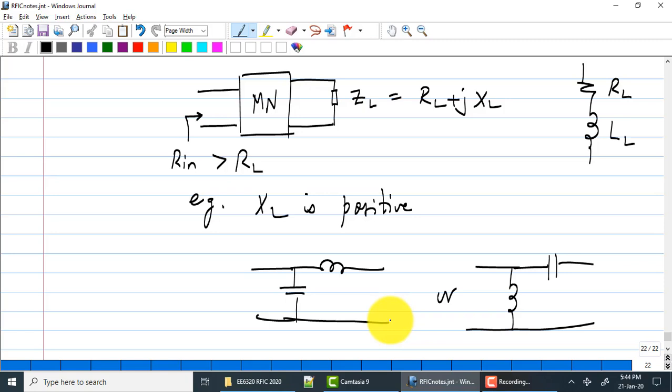Now, you are trying to match to this. Let us say this value was C and L. I want to find out the values of C and L that will now match to LL and RL.